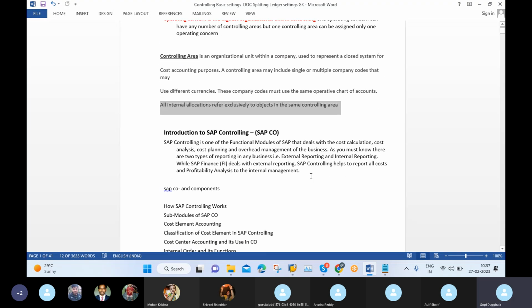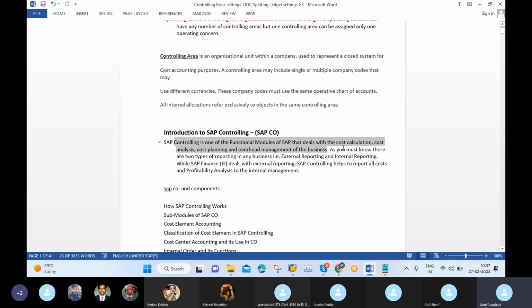Next. So now, what do you mean by controlling in SAP? Controlling is one of the functional modules of SAP that deals with cost calculation, cost analysis, cost planning, and overhead management of the business.